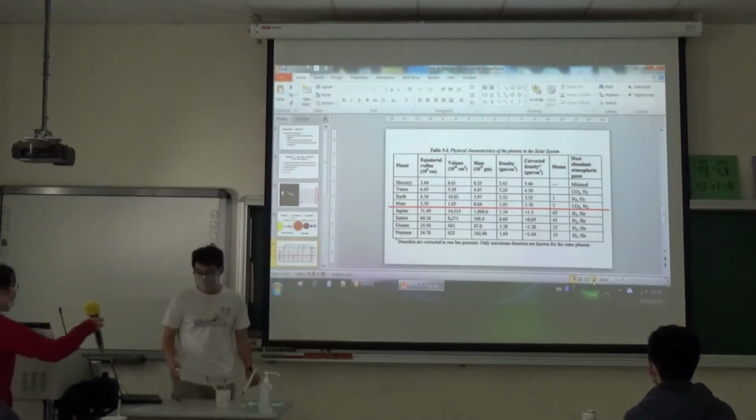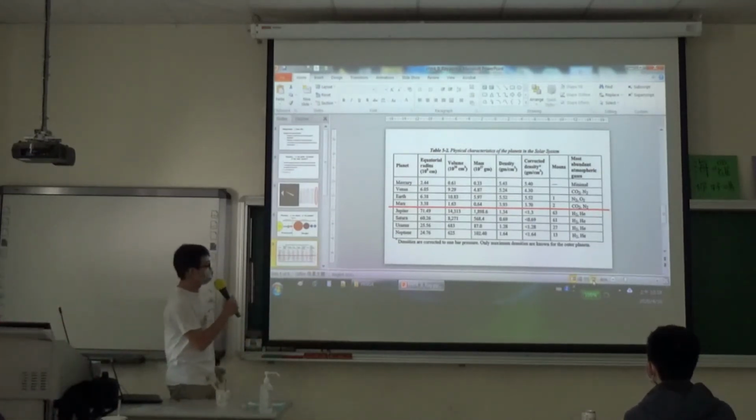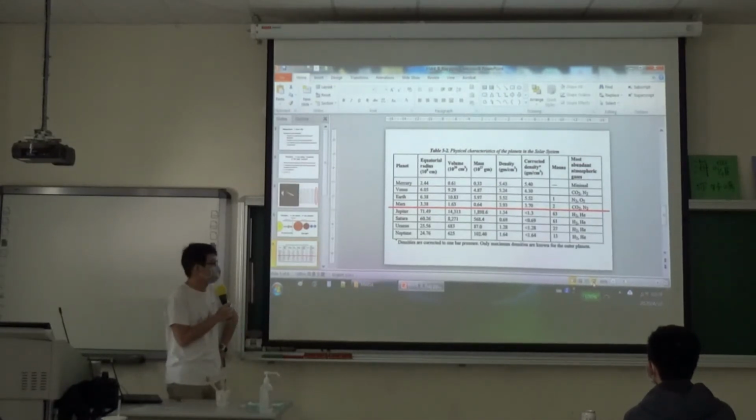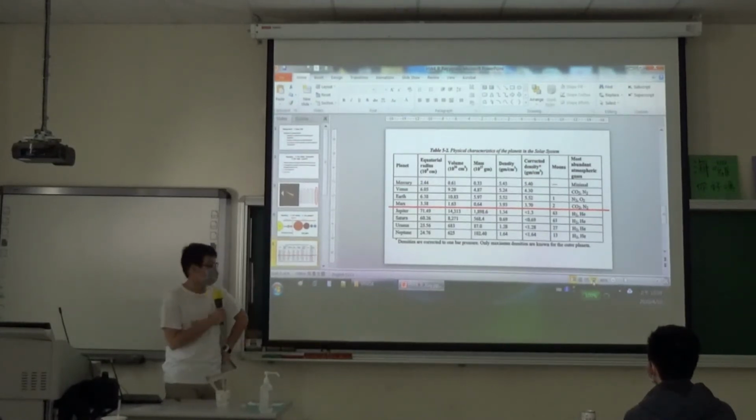Okay. The density will always be bigger than the corrected density because the density is not at the one bar situation. If you have more pressure, your density will become bigger. So the corrected density is at the one bar situation, where the pressure is one bar.